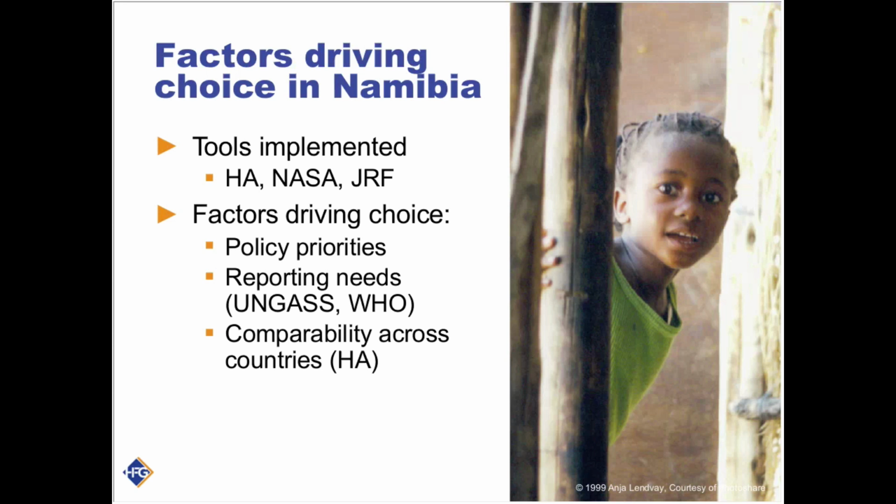Now, when it comes to policy priority for Namibia, we really need to understand the overall resource flow to the health sector, and to understand that the resource flow, is it in line with our priority areas of the health sector policy framework, which are namely HIV, AIDS, TB, malaria, non-communicable diseases, and maternal health.